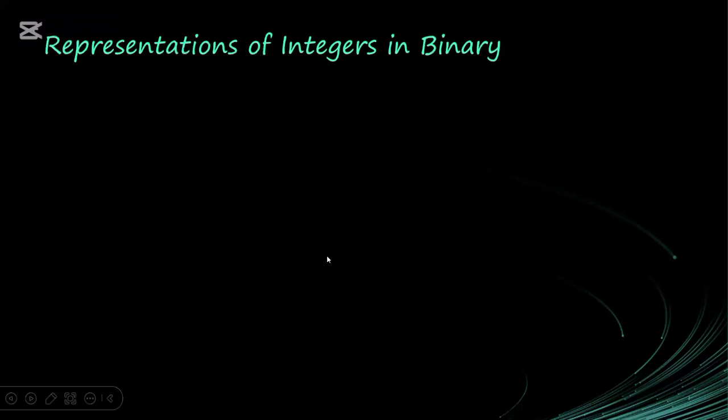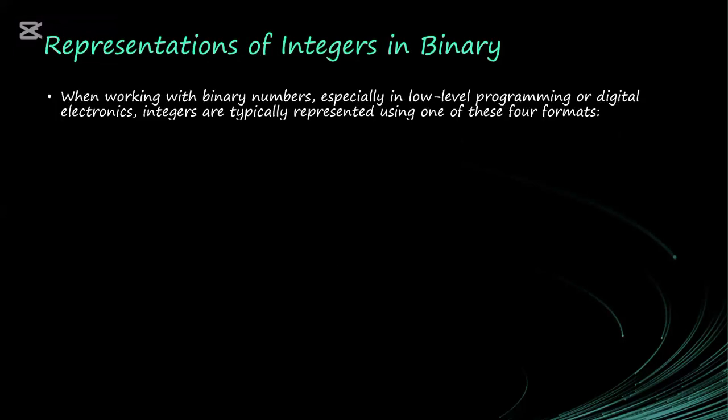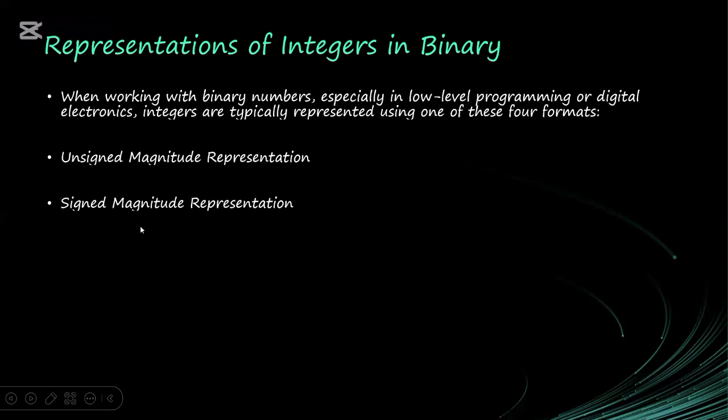All right. So let us take a look at some of the representations of integers in binary. When working with binary numbers, especially in low-level programming, C and C++ are low-level programming languages, integers are typically represented using one of these four formats. It can be unsigned magnitude representation or signed magnitude representation. We have seen this one.